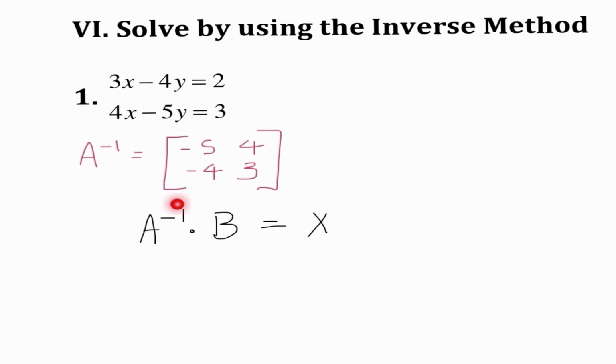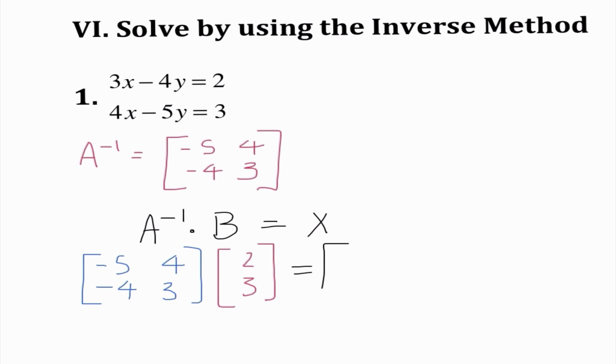So I know that the inverse times B, our constant matrix, is going to give us the values of x and y. So we're going to go ahead and do -5, -4, 4, 3 times 2, 3, and that's going to give us x and y.